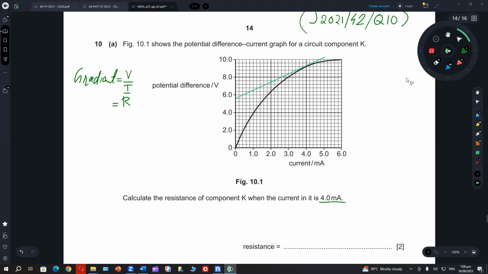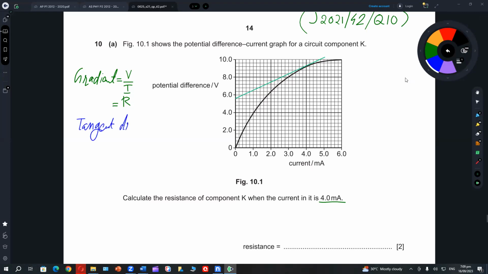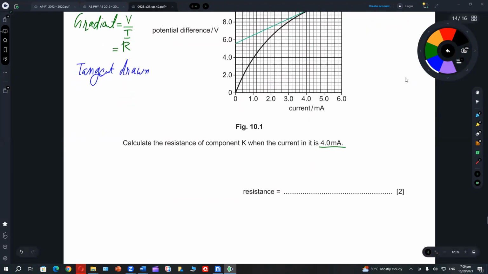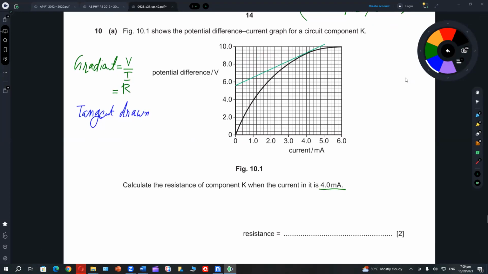Okay, so please help me in getting the points on the tangent. So can you locate 2 points on the tangent?